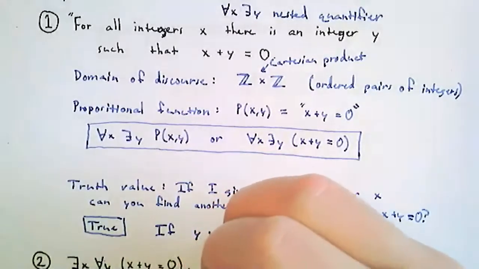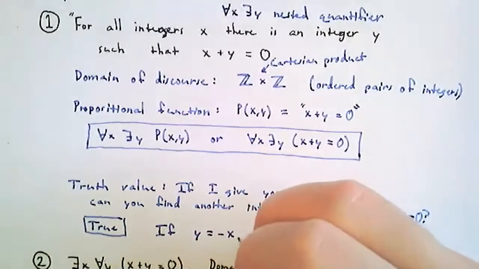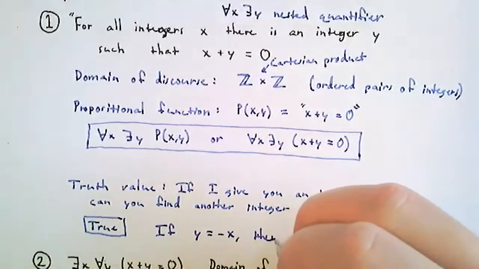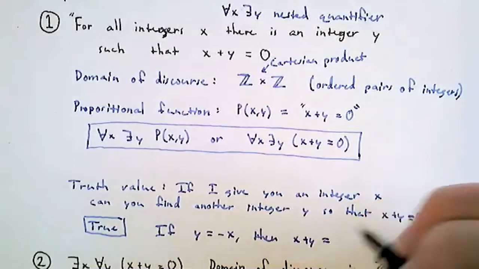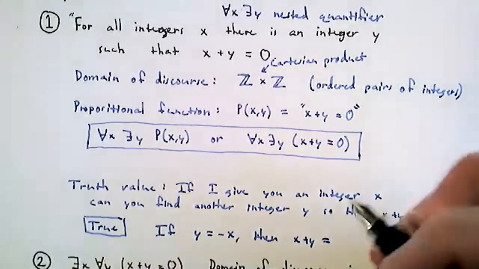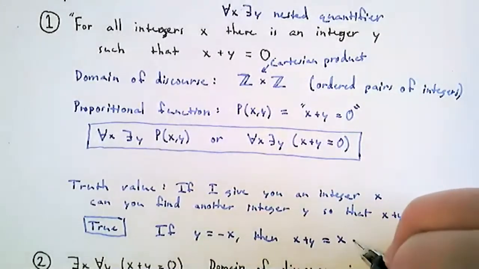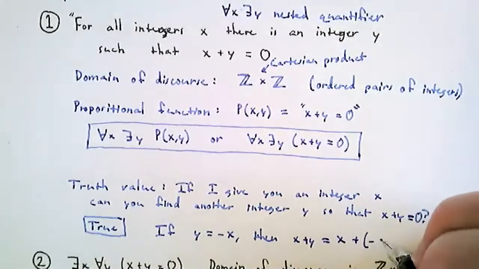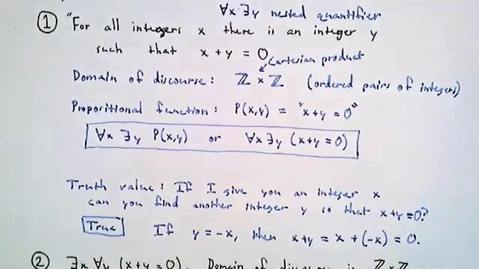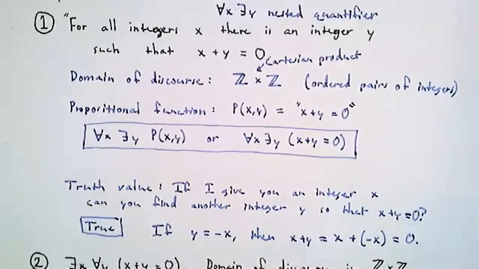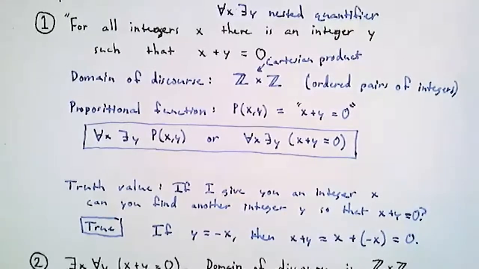If y equals minus x, then x plus y, I can plug in my minus x, to get 0. x plus minus x is 0. Good. Any questions?